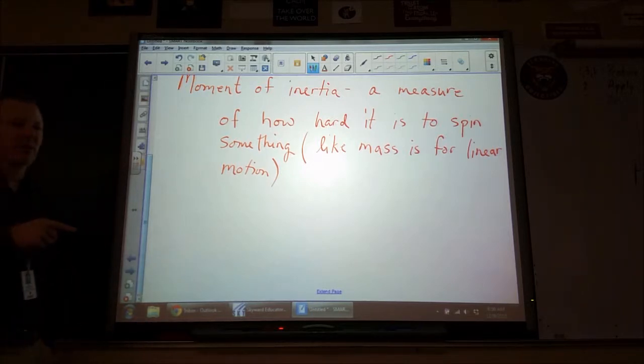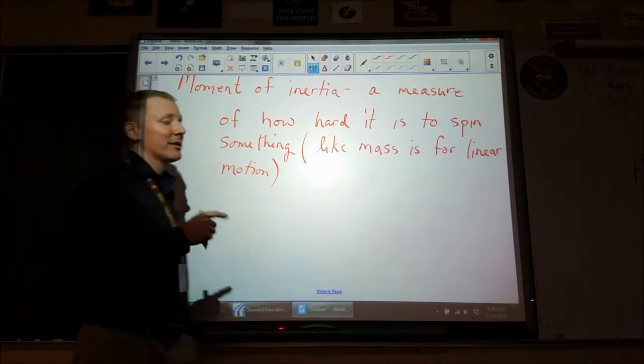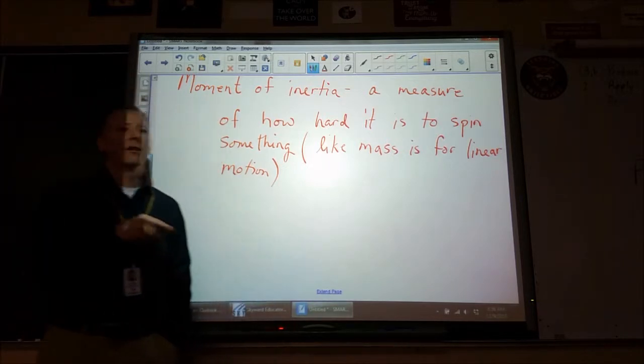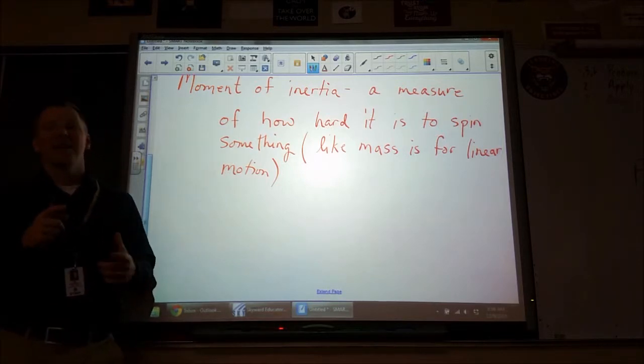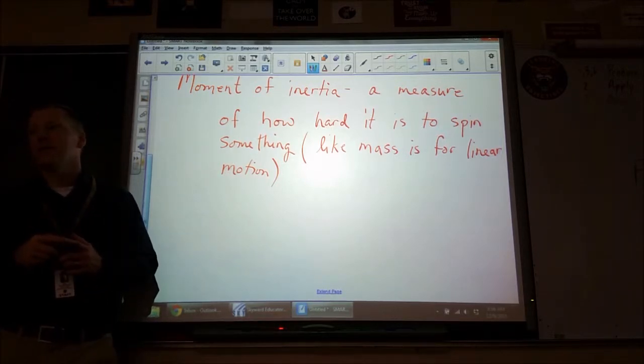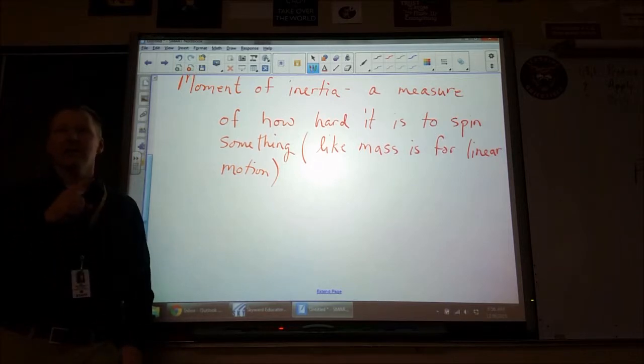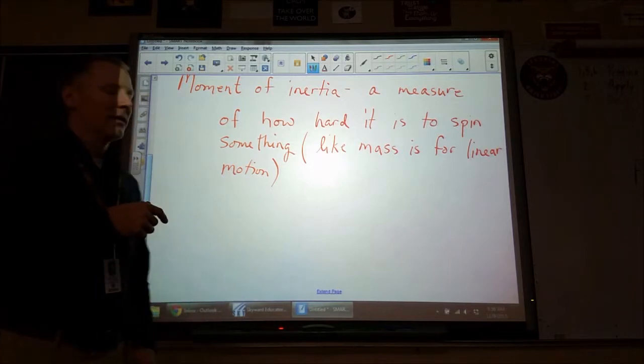But what we saw yesterday with our little experiment is that it actually depends on the distribution of that mass too, because both the ring and the disk had the same total mass. But the disk was faster, indicating that it needs less energy to get moving.